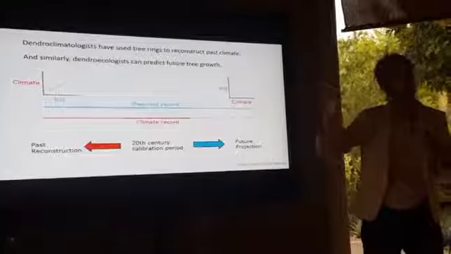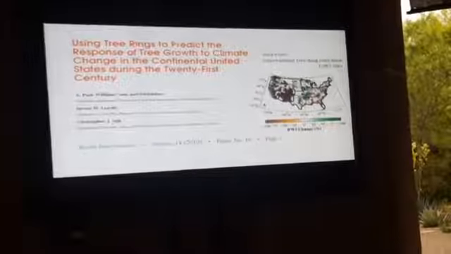So sort of reversing this equation and projecting future growth. And that's been done. This is the first paper that I'm aware of that did this, published in 2010, including Steve Levitt here in the Tree Ring Lab, and this was led by Park Williams, who was in the Tree Ring Lab at the time.